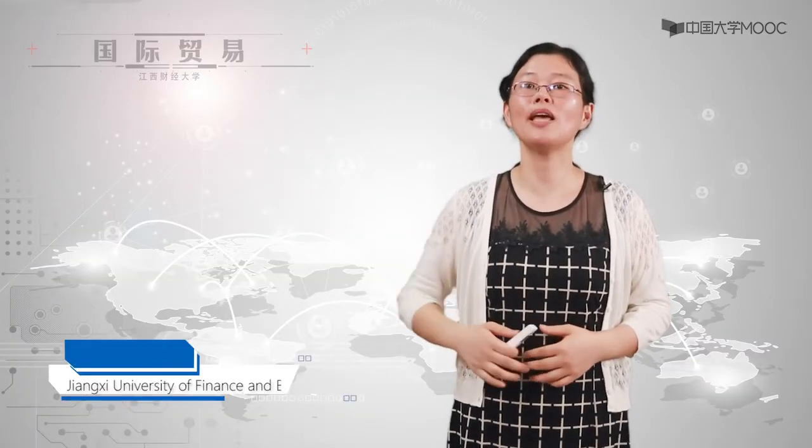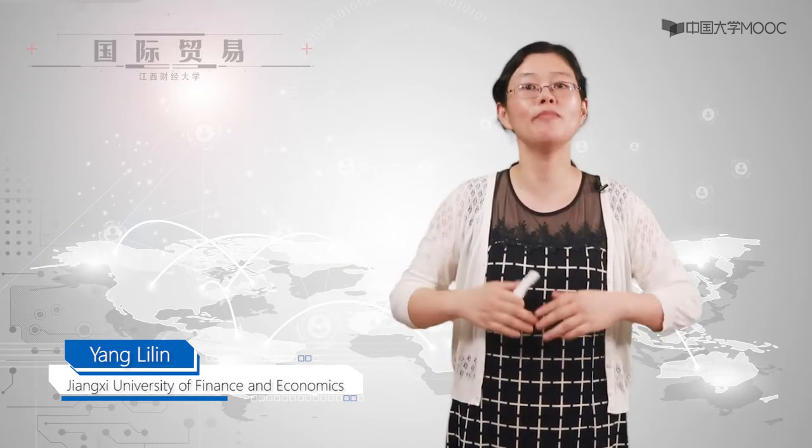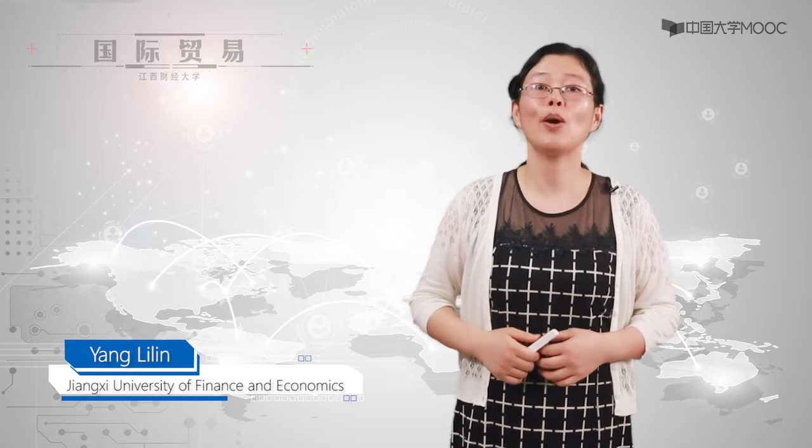Economic growth means an outward shift of one country's production possibility frontier. This growth can result either from an increase in a country's resources or from improvements in the efficiency with which these resources are used.